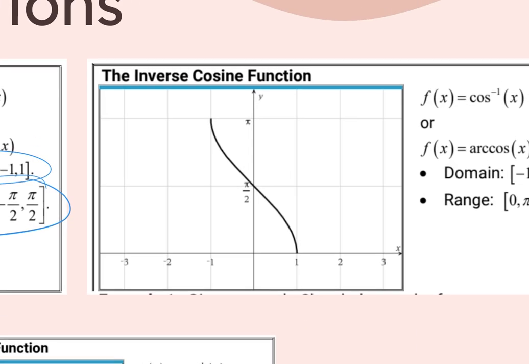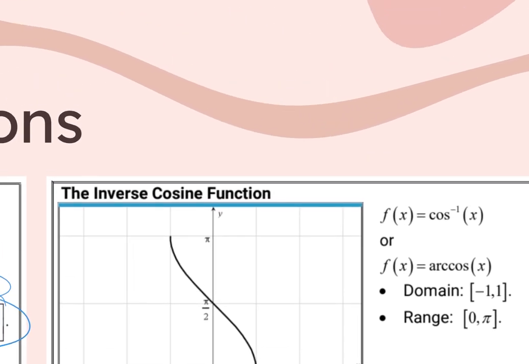Okay, so now let's talk about doing the same thing with cosine. With cosine, your parent function looks like this. Well, technically it would keep going in both directions. It would fail your horizontal line test if you use the whole thing. But I also can't restrict it the same way I did for sine, from negative pi over 2 to positive pi over 2, because this part of my curve would fail my horizontal line test.